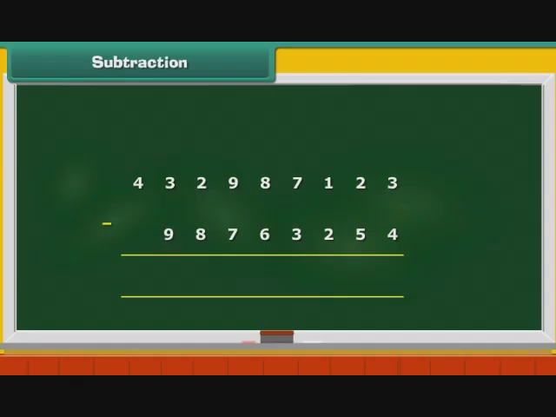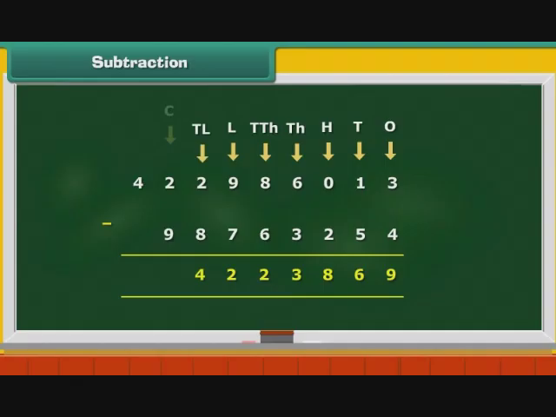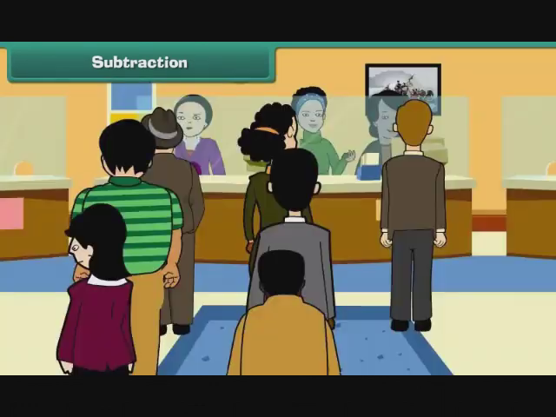Write the minuend. Write the subtrahend below it. Subtract the numbers. Start with the digits at the ones place. Then proceed to tens place, hundreds place, and so on. The difference is 334223869.